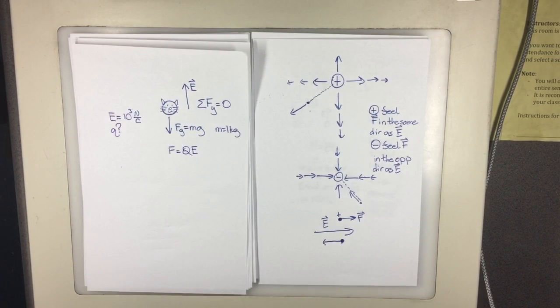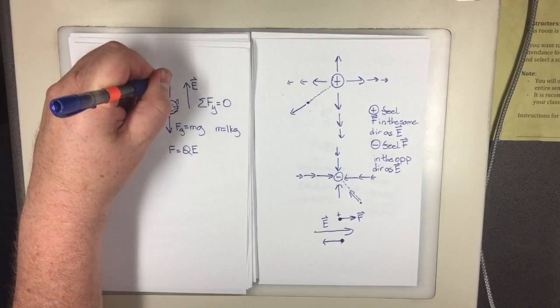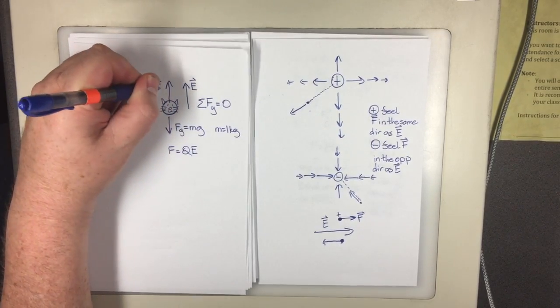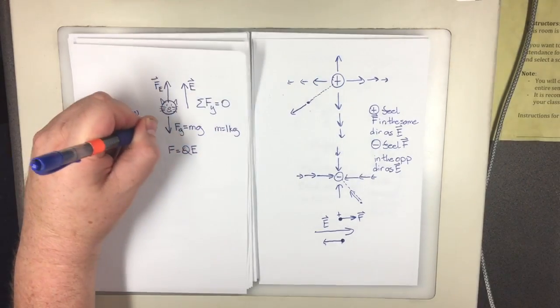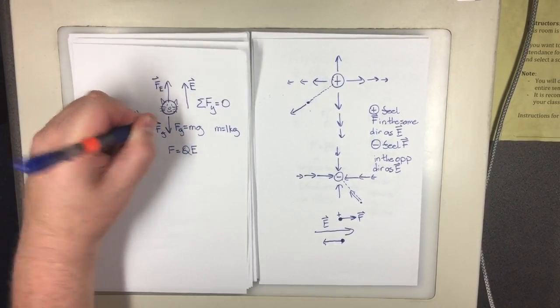So if the electric field is pointing upwards and the gravity force is pointing downwards, which direction does the electric force have to go in order for it to balance? It has to go up. So the electric force goes up while the gravity force pulls down.